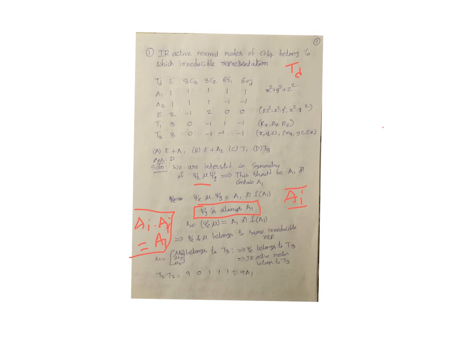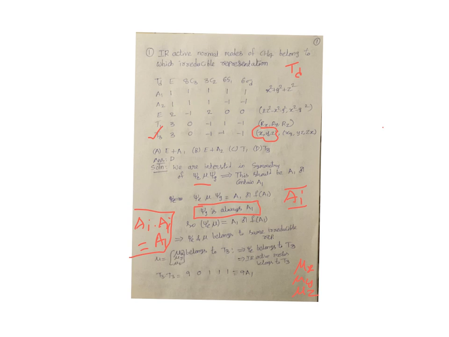Otherwise we will not be able to get A1. So first we will check to which irreducible representation mu belongs. Mu is the dipole moment operator. As you know, it has components mu x, mu y and mu z.